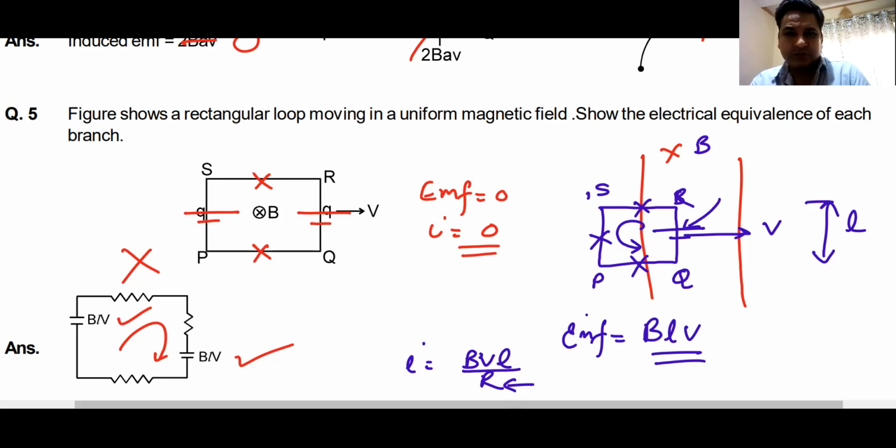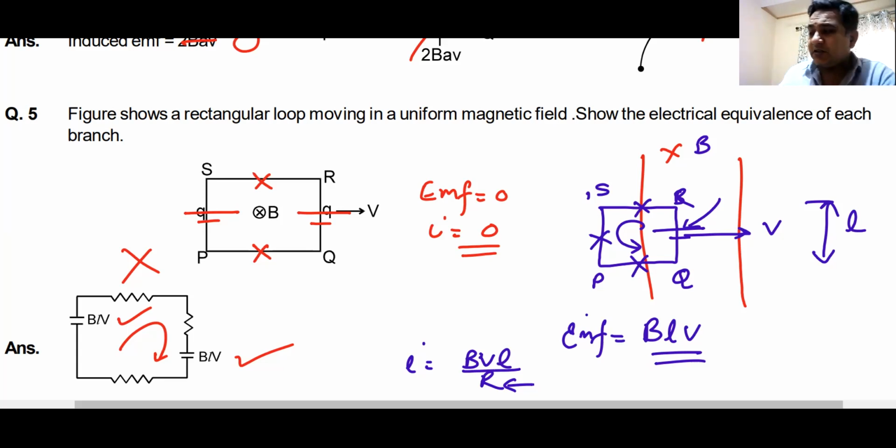Once you draw all the batteries, the question becomes simple to solve, because then it is a simple question of an electrical circuit that can be solved using Kirchhoff's law or using nodal theorem, which I told you.